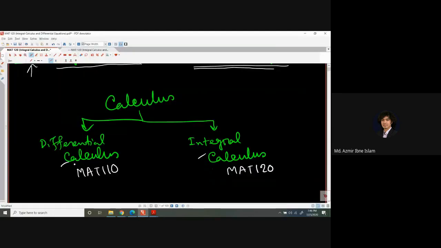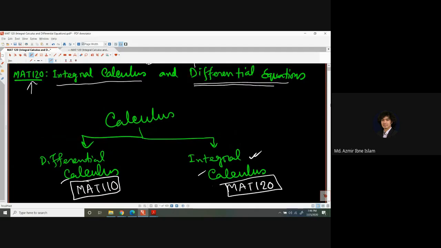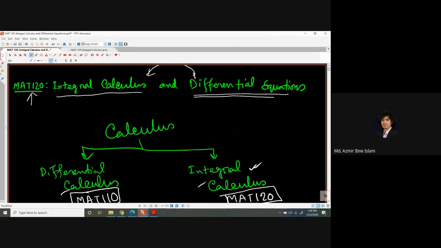The differential calculus part, you have learned in your previous course, that is in Math 110, and the integral calculus part, we are going to learn in this course, okay, that is in Math 120. So besides integral calculus, remember we have another part that is called differential equations. Differential equations are some kind of equations where derivatives are involved, okay.